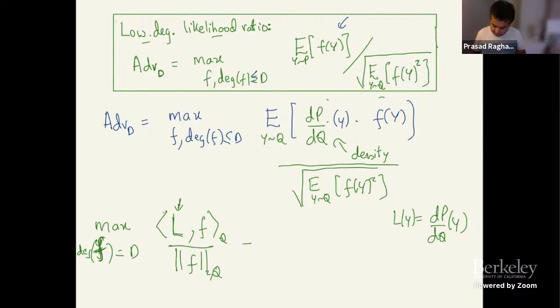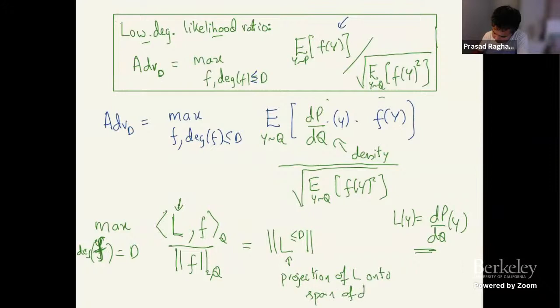So this is equal to the 2 norm of L less than d, where you take L as a function and project it onto the span of degree d polynomials.